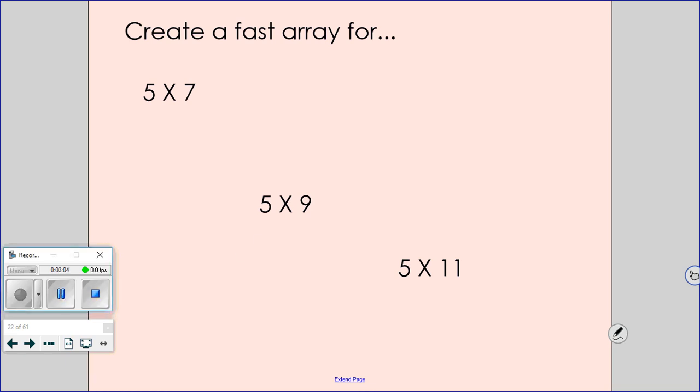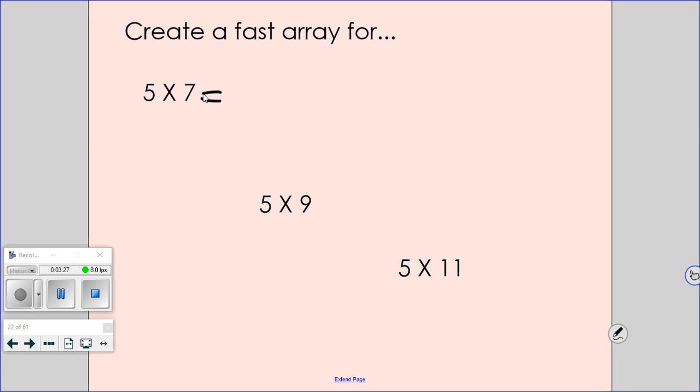All right, Barrett, what did we figure out 5 by 7 equals? Use your fast array. Skip count using your fast array. Nope. Count how many columns you have. You might have too many.